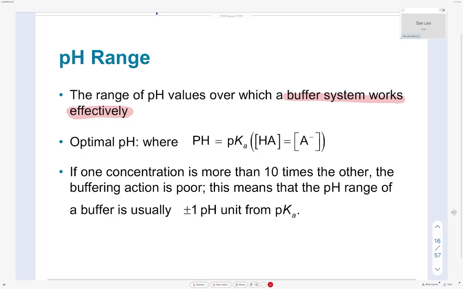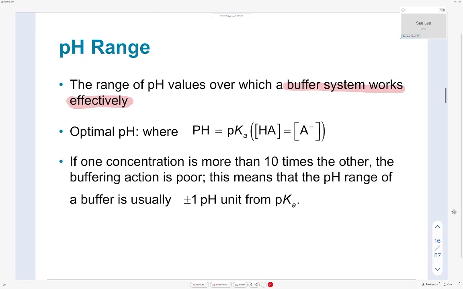If the concentration of one component is 10 times more than the other, the buffering action is going to be poor.